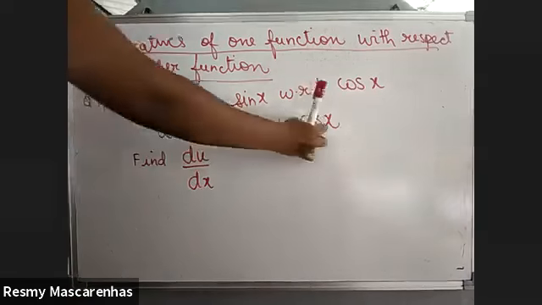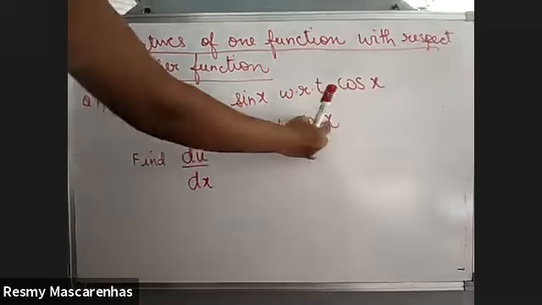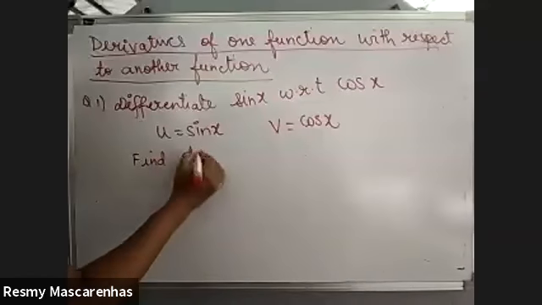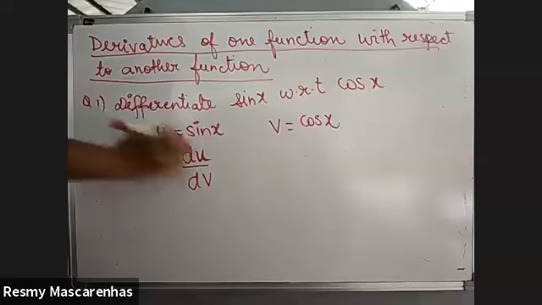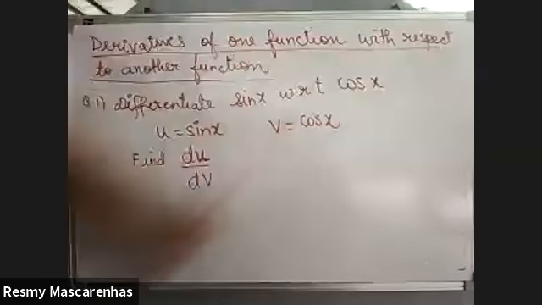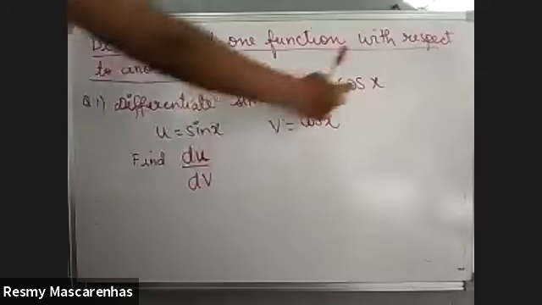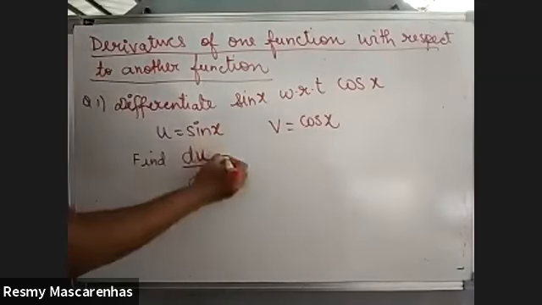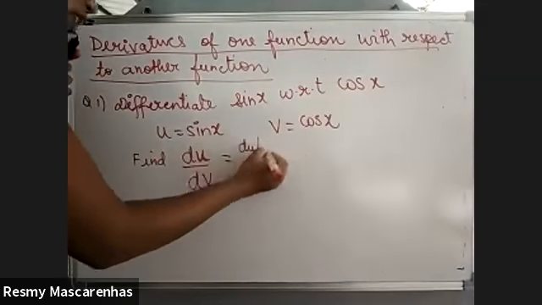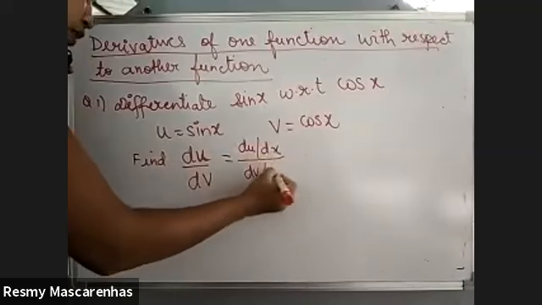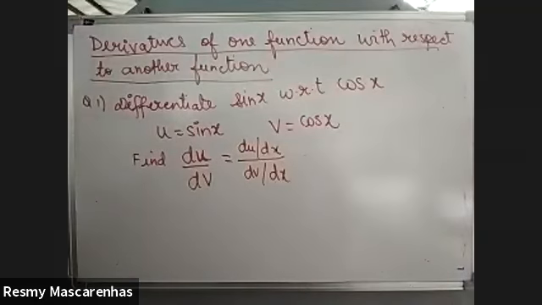First function with respect to second means the first will be at the numerator and the second one will be at the denominator. So in short, what you have to find is du upon dx upon dv upon dx.